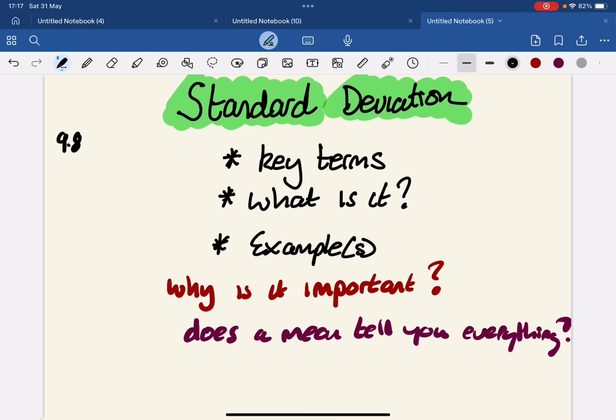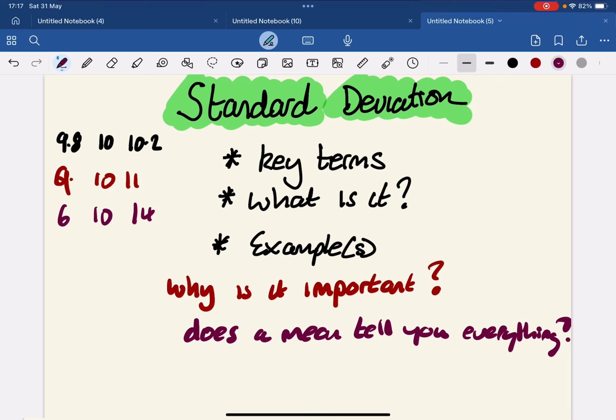One group measured 9.8, 10 and 10.2. The second group measured 9, 10 and 11.